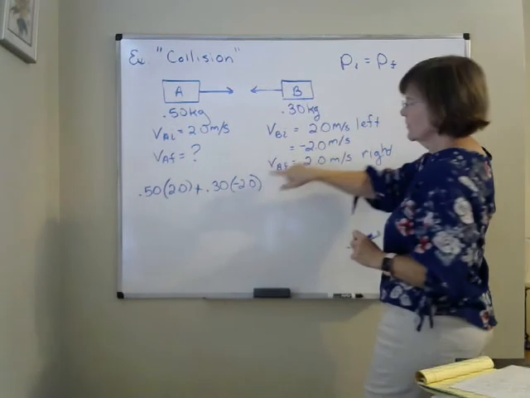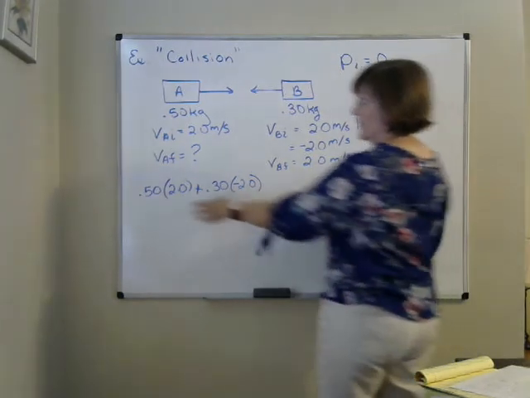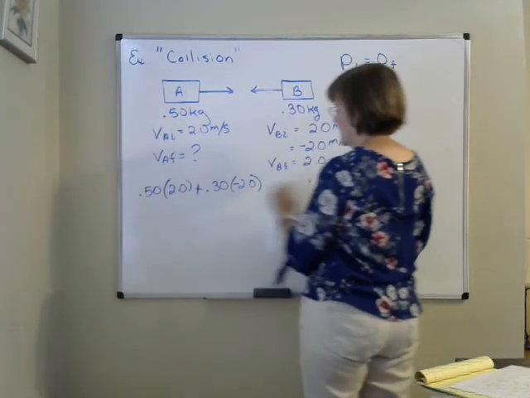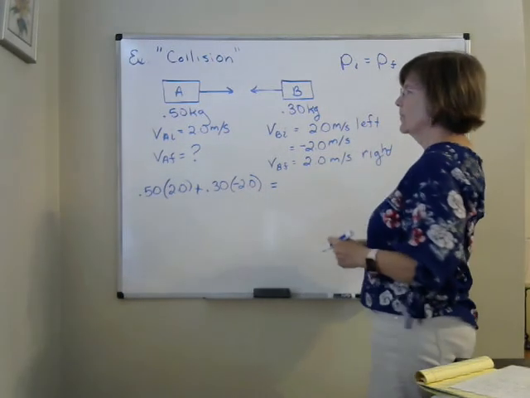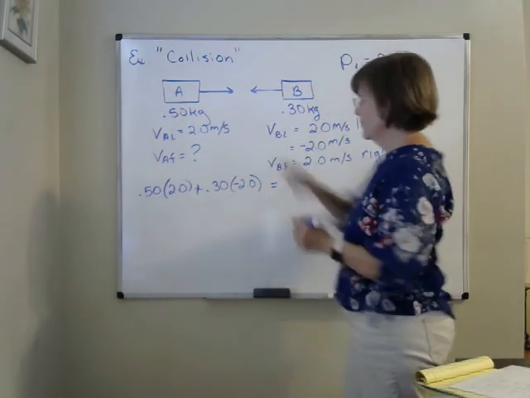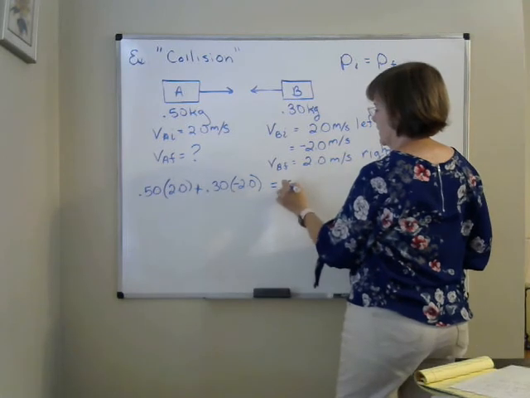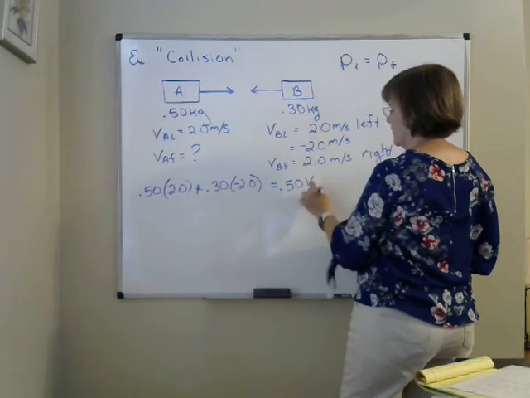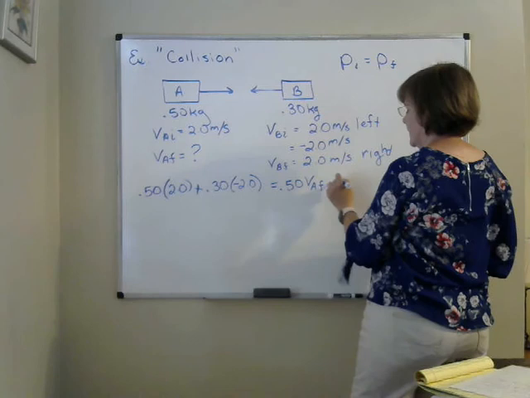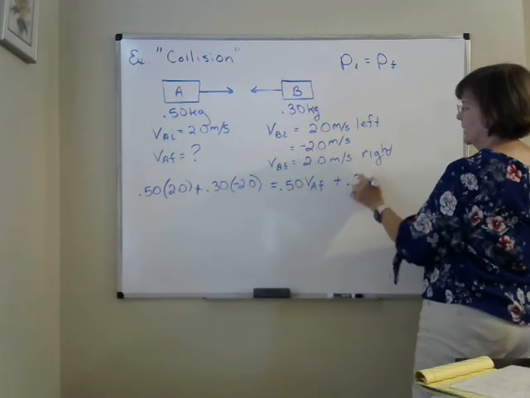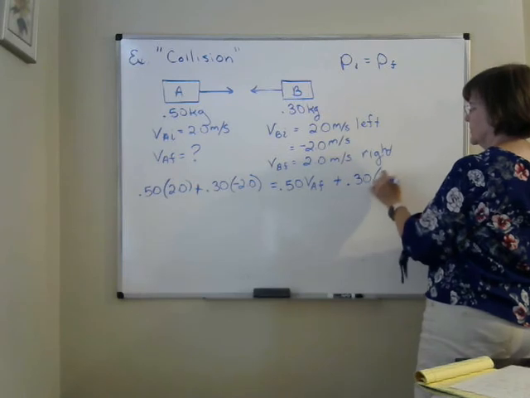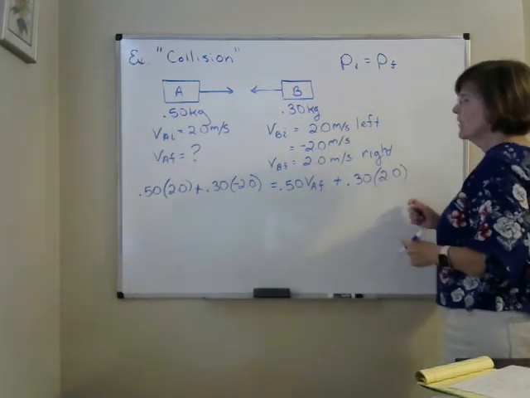That's the initial momentum for glider B. Momentum of A plus momentum of B. After the fact, it has to equal momentum for A, 0.5 times this final velocity we don't know, plus for B, 0.30 times 2.0.